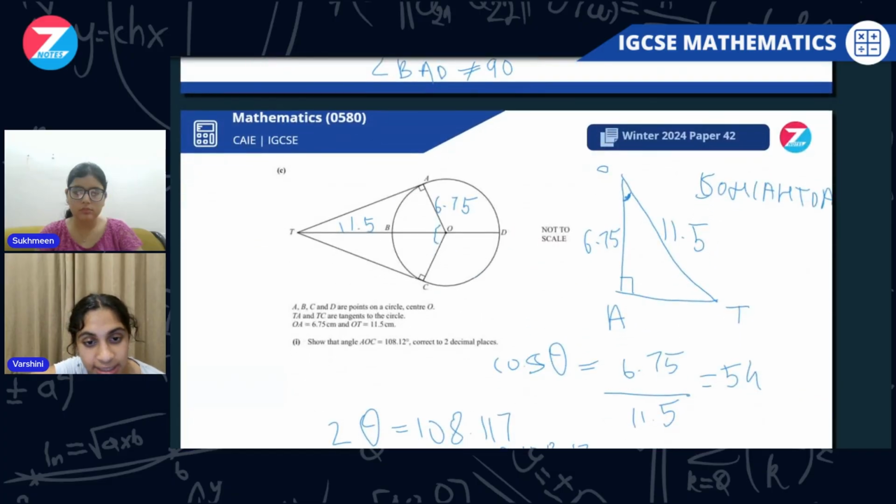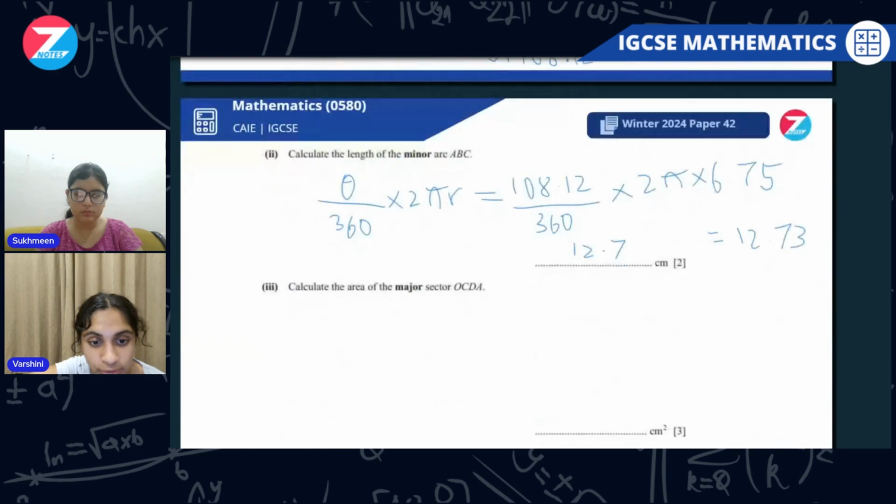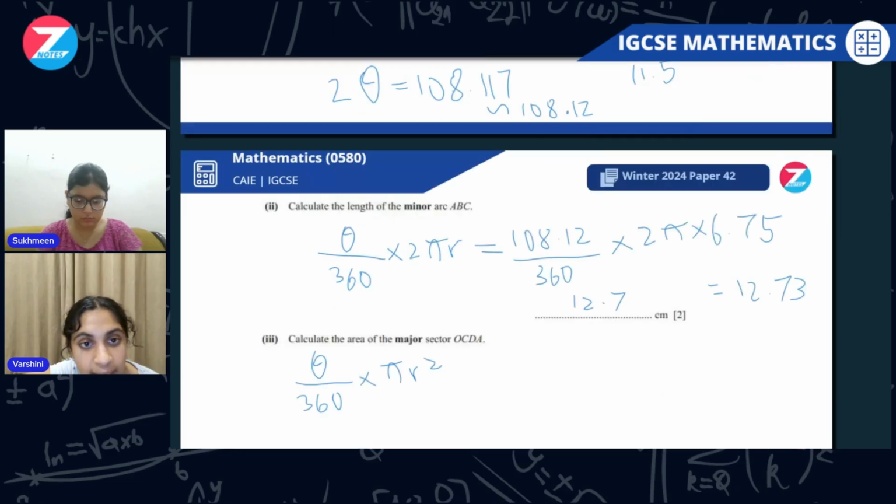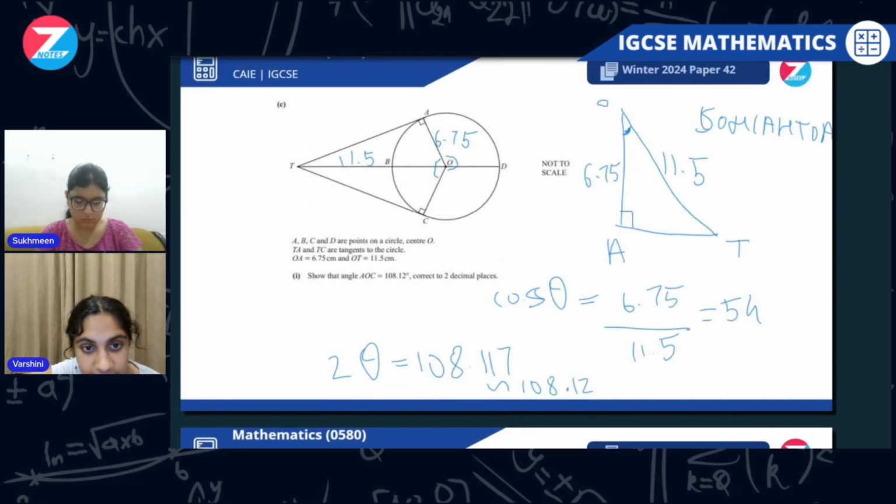Calculate the area of the major sector OCDA. So they want this area of the major sector, and that also means they want this angle, not this angle. Firstly, we know the formula for area is going to be theta by 360 into pi r squared. We know angles in a circle are going to be equal to 360, so this angle plus this angle equals 360.